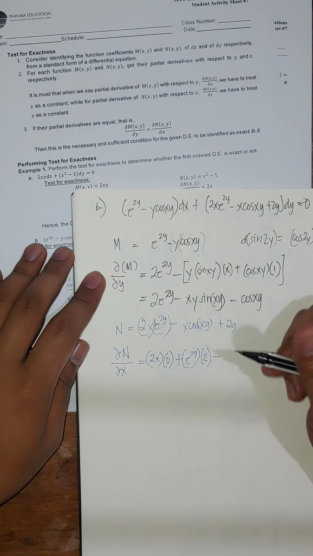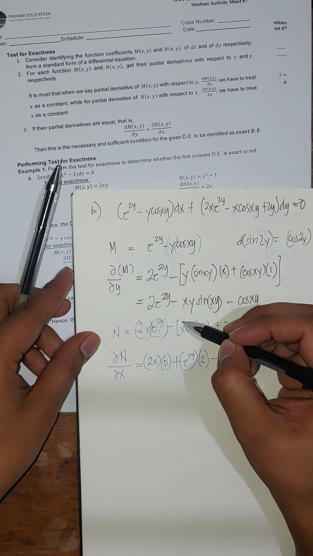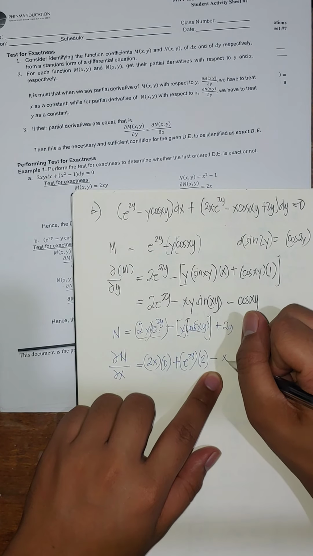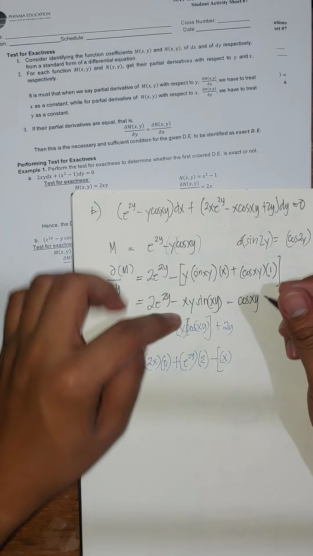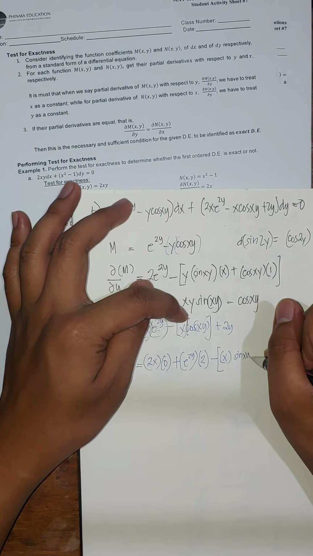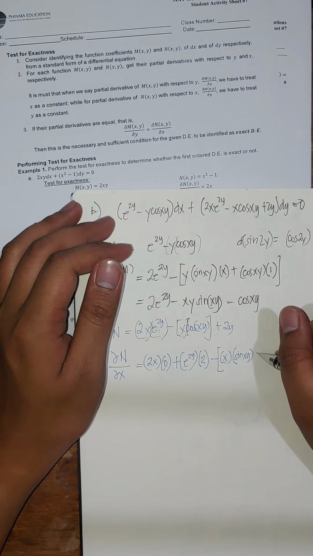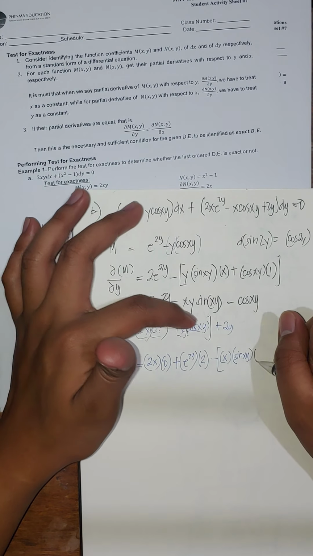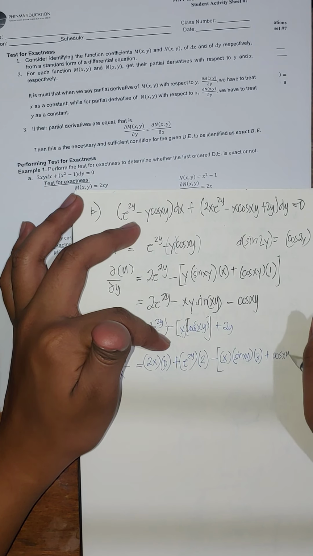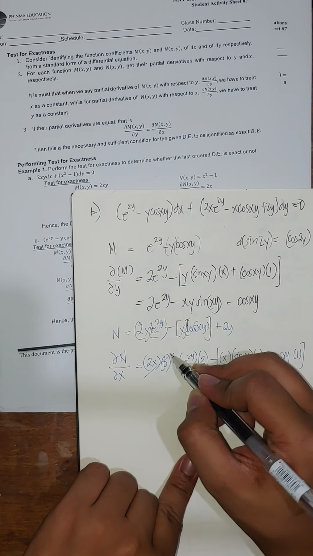And then minus, if we separate this, x times cosine xy. It is the derivative of a product, so we have x times the derivative of cosine xy, which is sine xy times the derivative of the inside, which is y, plus cosine xy times the derivative of x, which is just 1. The 2y becomes 0.